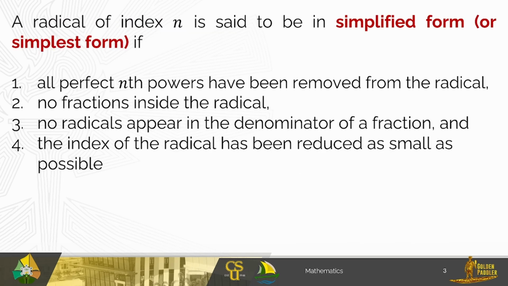Okay, a radical of index n is said to be in simplified form or simplest form if, first, all perfect nth powers have been removed from the radical; second, no fractions inside the radical; third, no radicals appear in the denominator of a fraction; and the index of the radical has been reduced as small as possible.